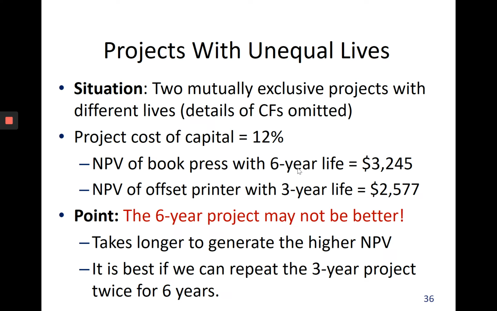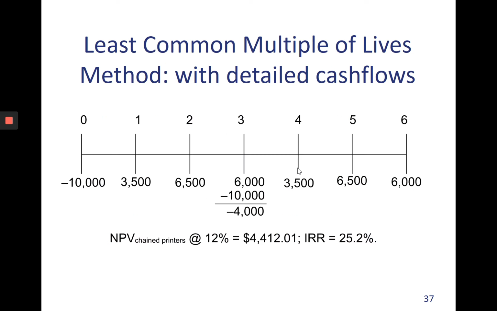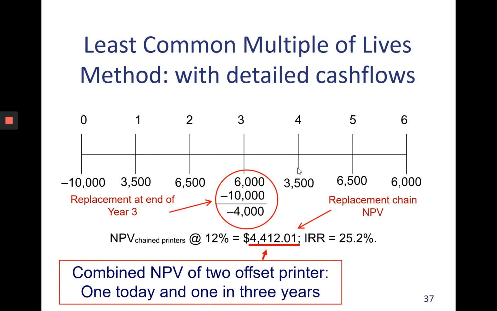Of course, we don't have the cash flows for that project, but you could imagine some cash flows that give you 3,245 net present value. So the combined net present value of two projects, let's say this is an offset printer, one today and one in 3 years, is more than the present value of one project, one printer that lasts 6 years.